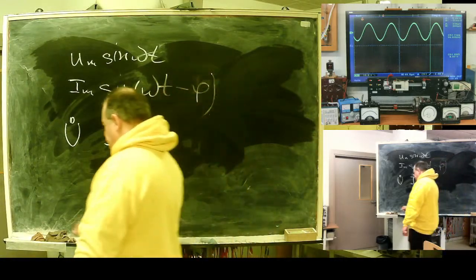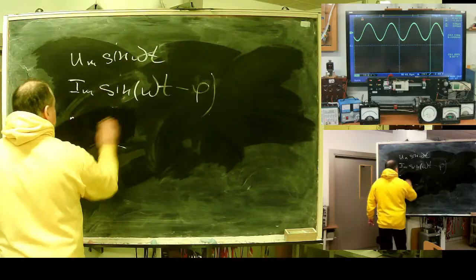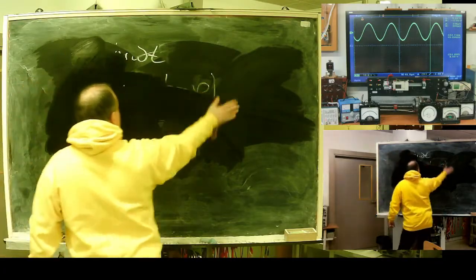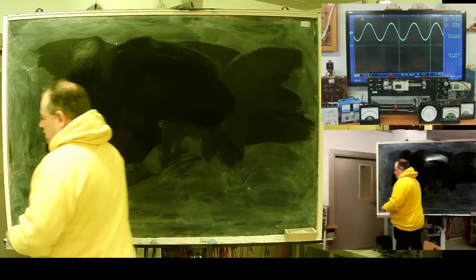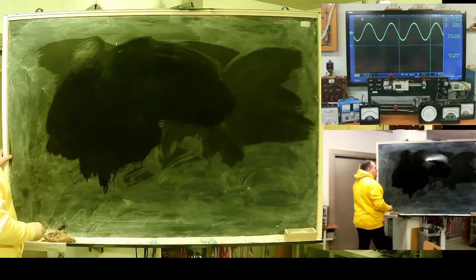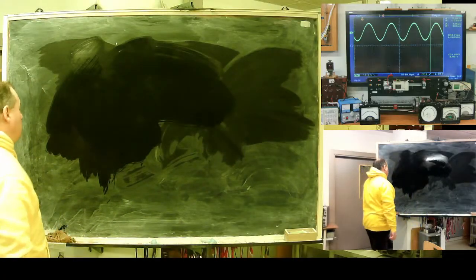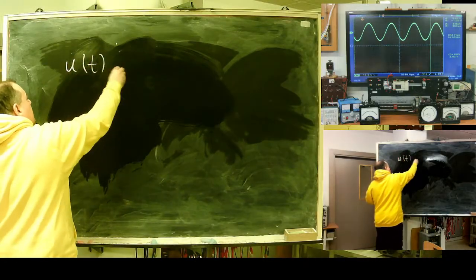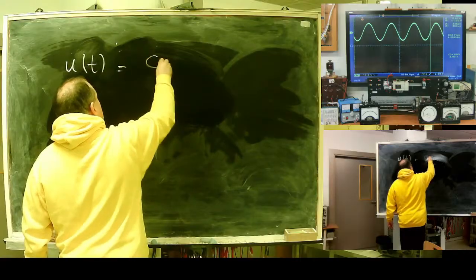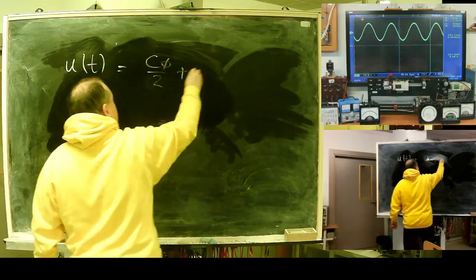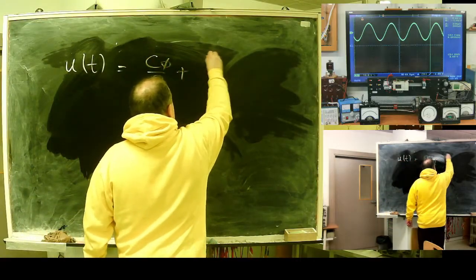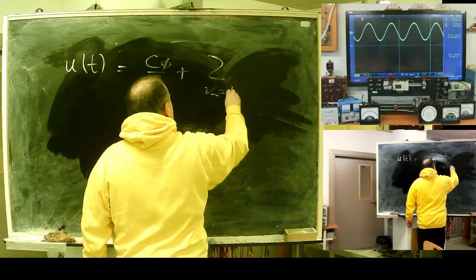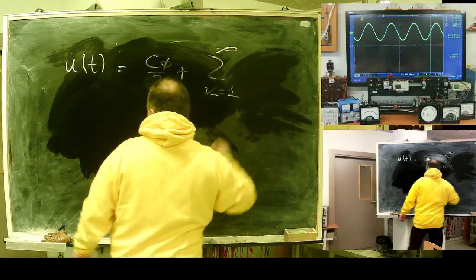The connection is Fourier series or Fourier rule. Any voltage can be represented as a DC component plus, again, a sum from 1 to infinity.